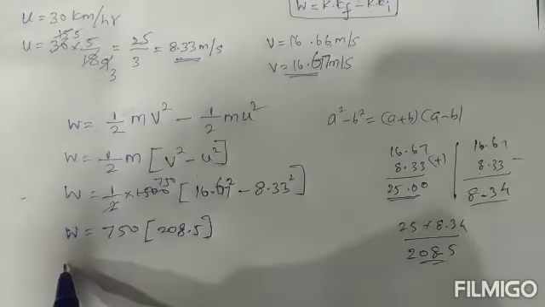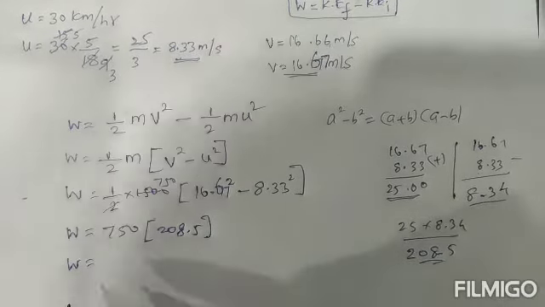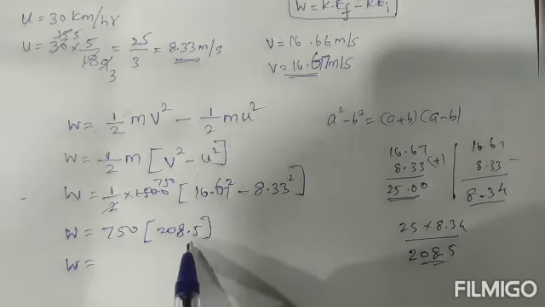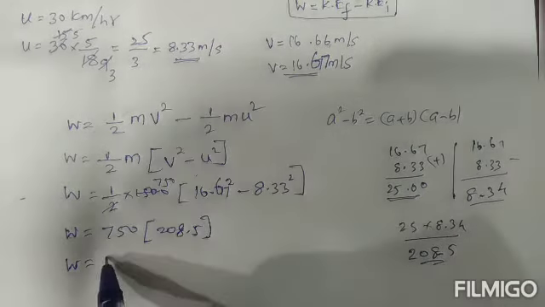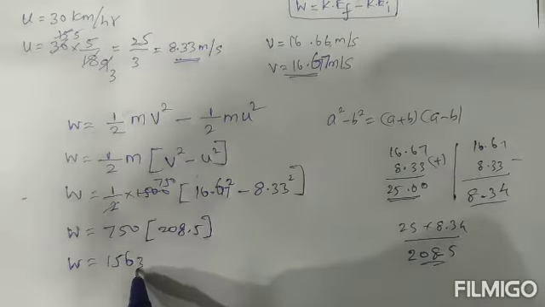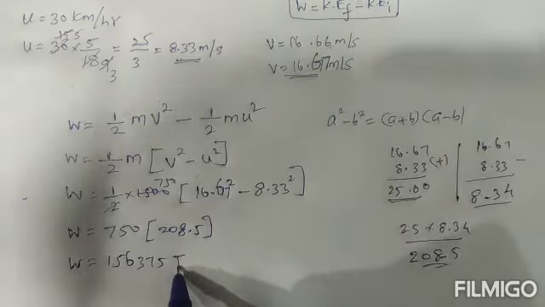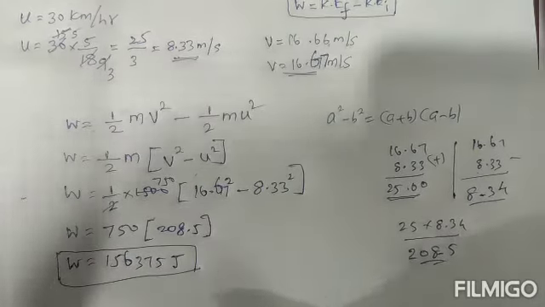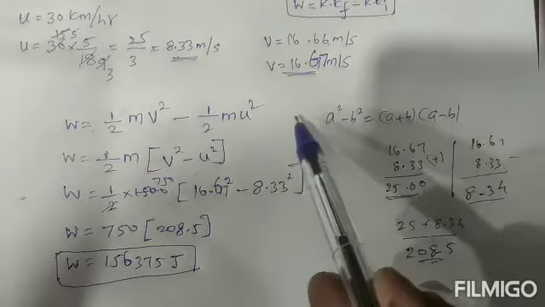Very simple. Therefore work done is equal to 750 into 208.5, that is equal to 156,375 joule. That's all.